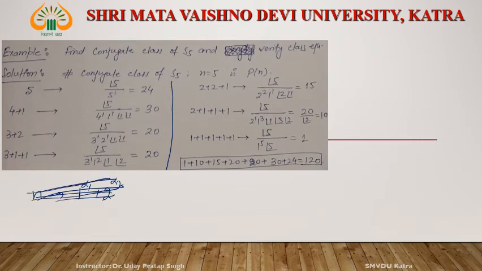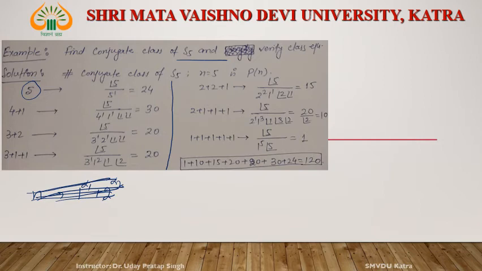Okay. What is the conjugacy class of S5? All the elements in S5 of length 5, that is cycles of length 5, that is factorial 5 over 5 to the power 1. Okay.